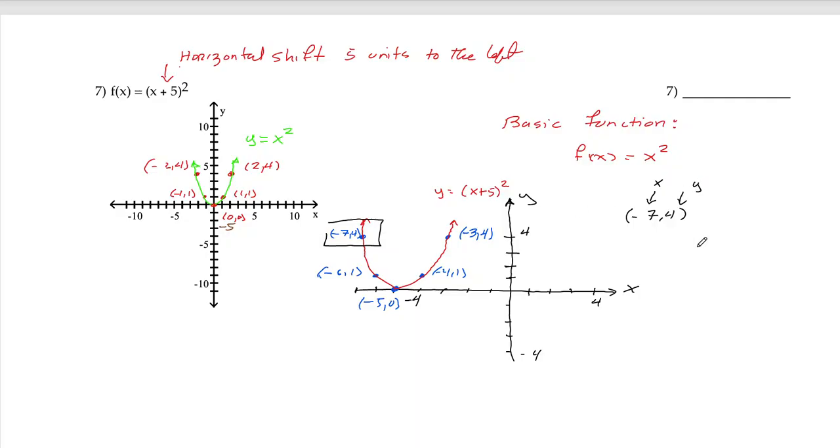I will take the function that was given, y equals x plus 5 squared, and substitute the x value, so y equals, x we said is minus 7, so it's minus 7 plus 5 squared. So minus 7 plus 5 is minus 2 squared, and minus 2 squared is 4. And look at this, it is 4. So yes, this point minus 7, 4 is in the right position.